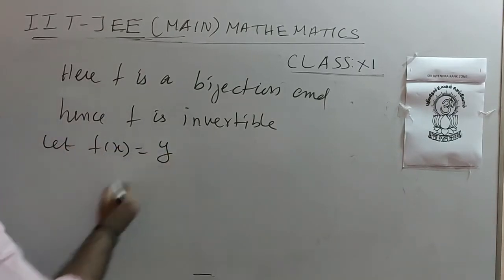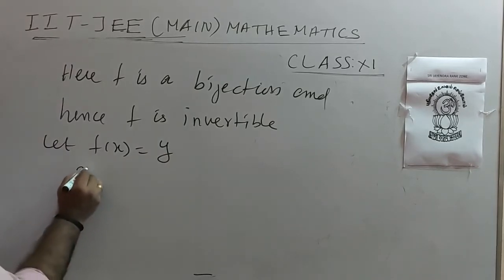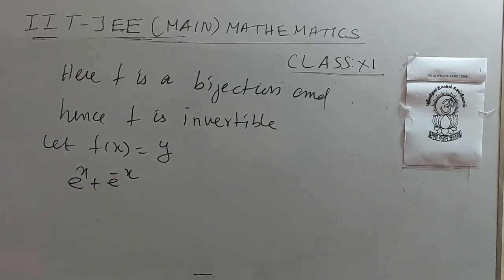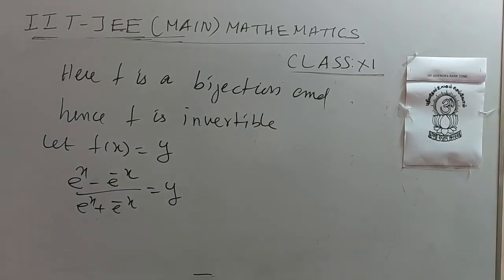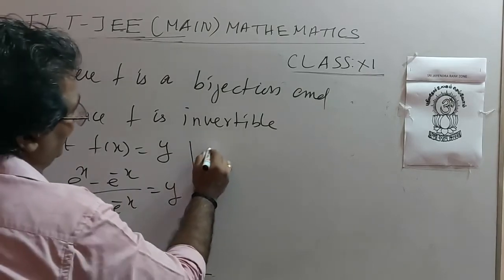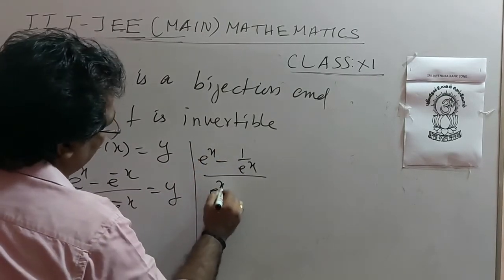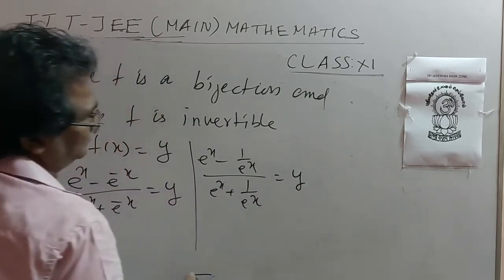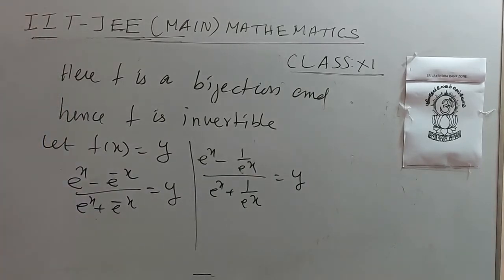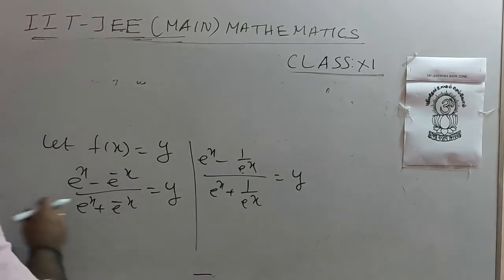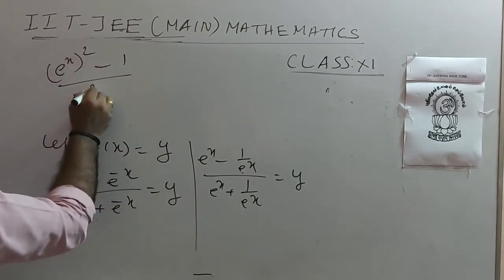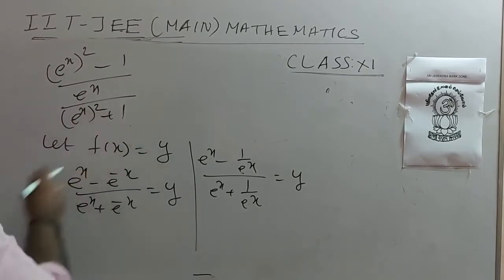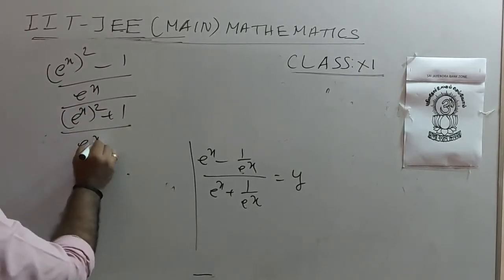Let f of x equal y. So e power x minus e power minus x divided by e power x plus e power minus x equals y. Writing e power minus x as 1 by e power x and taking the LCM, we get e power 2x minus 1 by e power x divided by e power 2x plus 1 by e power x equals y.